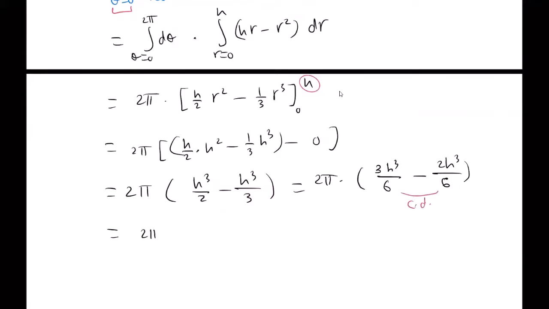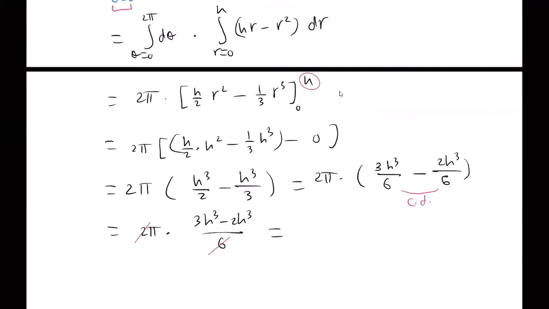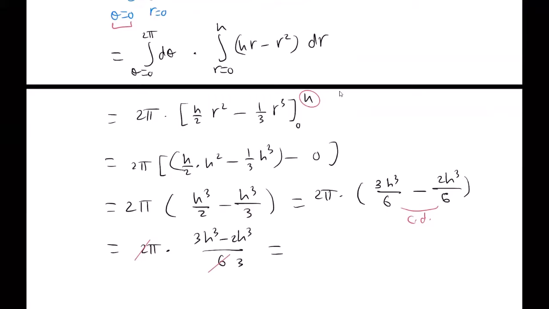So it's 2 pi times 3h cubed minus 2h cubed over 6. This can be simplified: the 2 cancels with the 6 and gives pi over 3 h cubed, which is 1/3 pi h cubed.